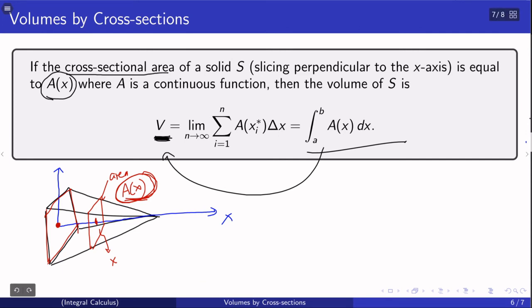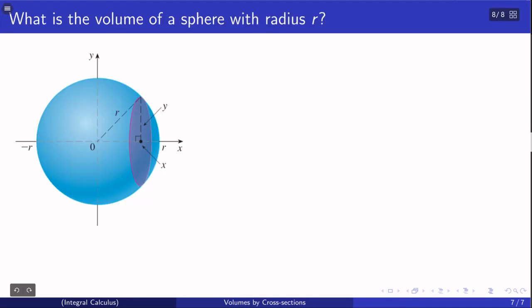And so applying it, again, back to our sphere example, what is the cross-sectional area? We know that the volume is equal to the integral of A(x) dx, where x ranges from a to b. Okay, so it's a sphere with radius r. Let's assume that its center is at the origin, just to make computation simpler.